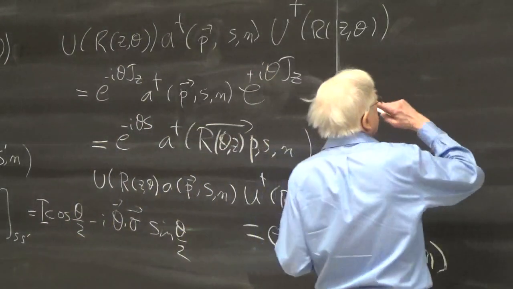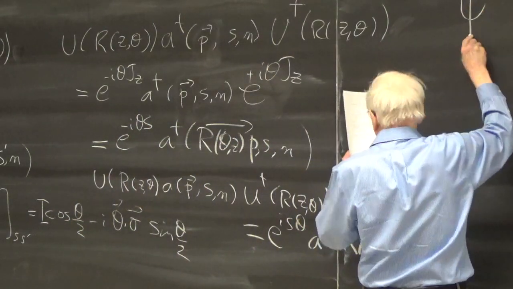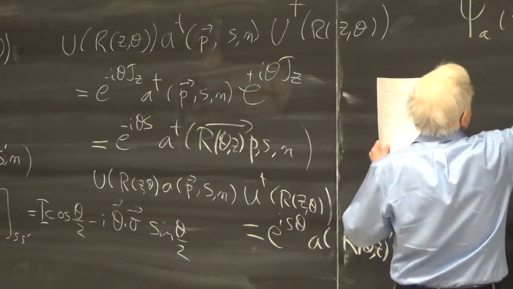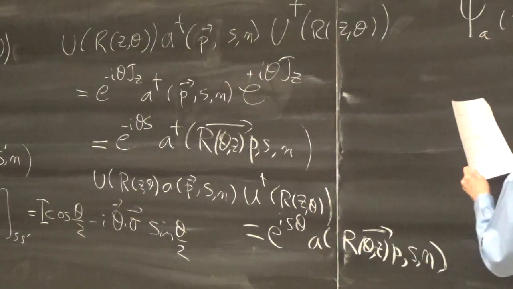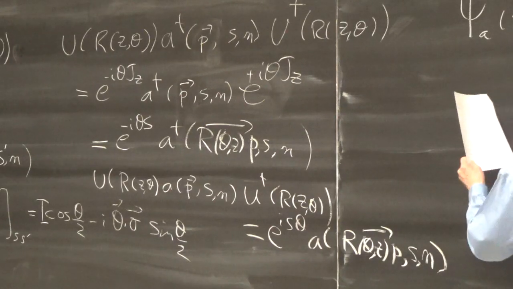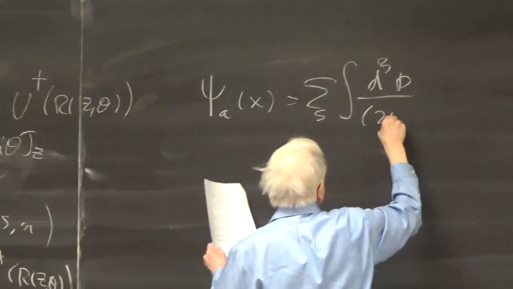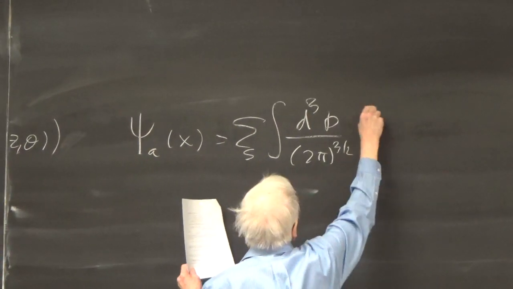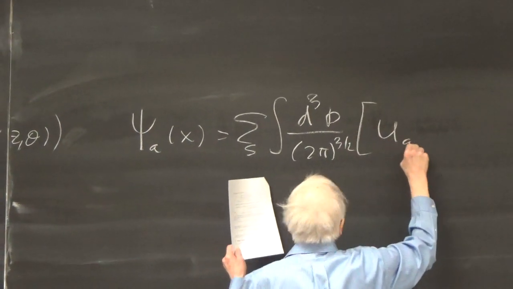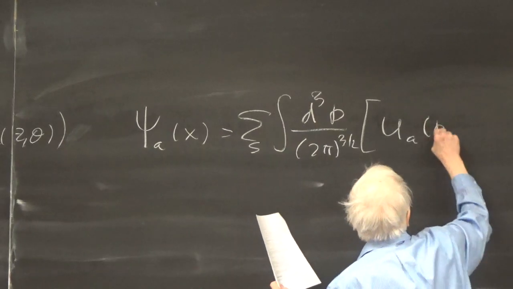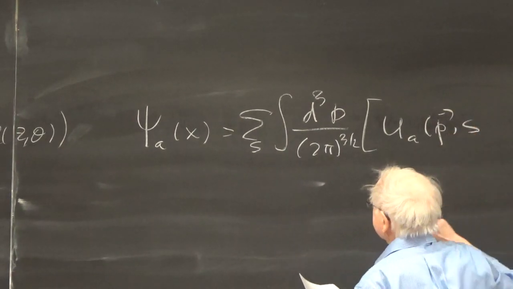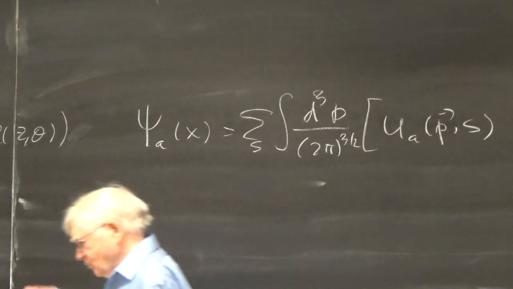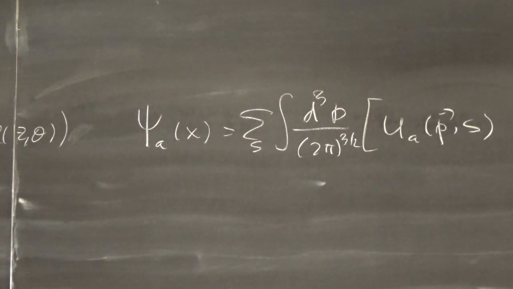Now, a Dirac field, of course, psi sub a of x is the sum on s, integral d^3p over 2 pi to the 3/2. And now we have u sub a of p and s, and I don't think we need a kind label for spinors.